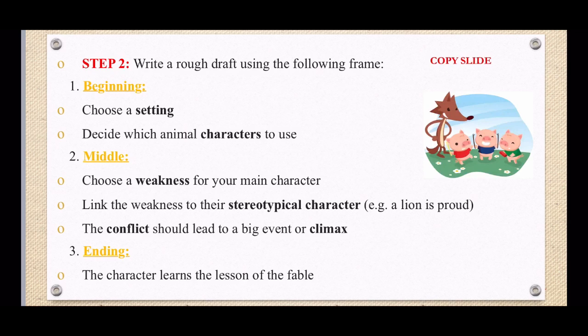We know that the lion is always proud, right? Now, if you chose a pig, like I made the example, that they lie, you also need to link this weakness. So for instance, you can say the pig is lying and he's dirty. So you can say he's a dirty liar, right?